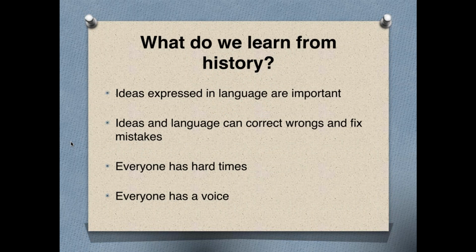So what do we learn? When we're studying history, what are we learning? We're learning that ideas expressed in language are important, and our students with Angelman really need to learn that. We're learning by studying history that using ideas and language, we can correct wrongs, we can fix mistakes. We're learning that everyone has a voice, everyone has struggled, every part of the American population has gone through hard times.